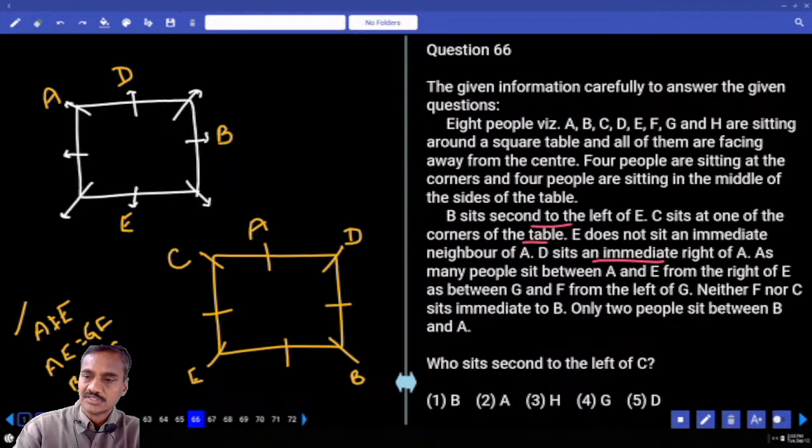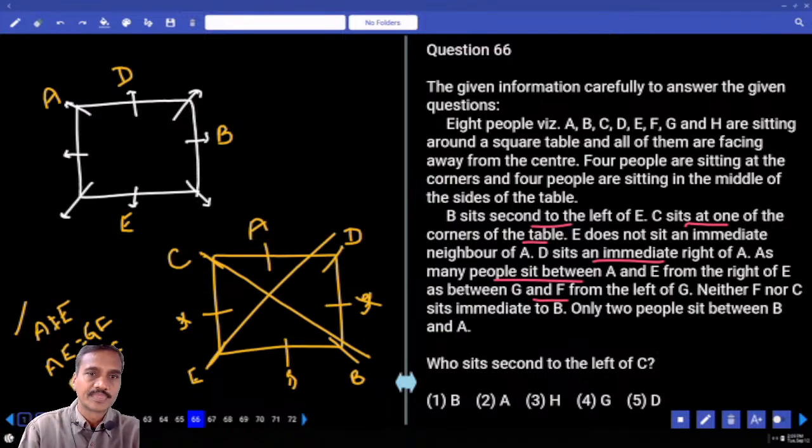Now C sits at one of the corners. Then, as many people between A and E, and from the right of E there are 2 people, hence we need to have 2 people between G and F from the left of G. From the left of G, there must be exactly 2 people. We cannot have G at this place, and we cannot have G at this place, nor at this place. Hence this case is completely ruled out. Are you getting this one or not? Then we are left with only this case.